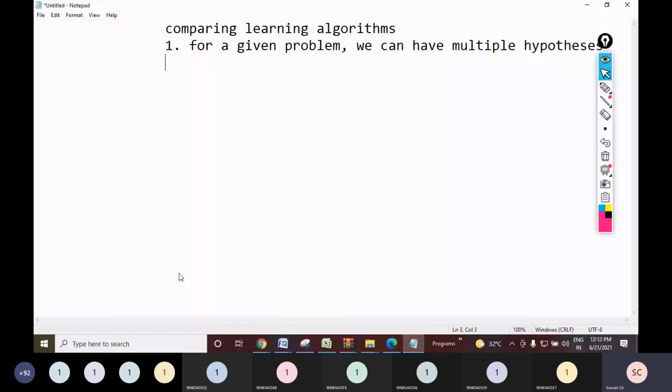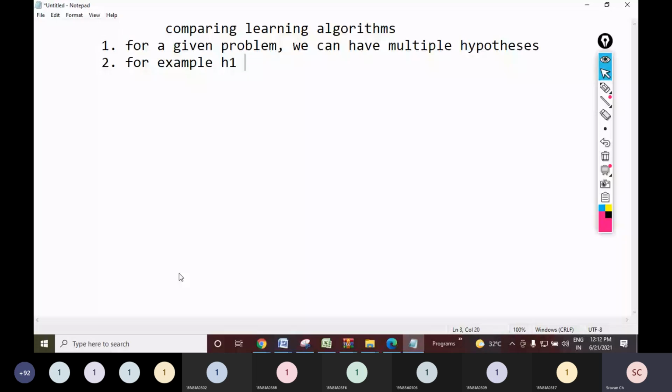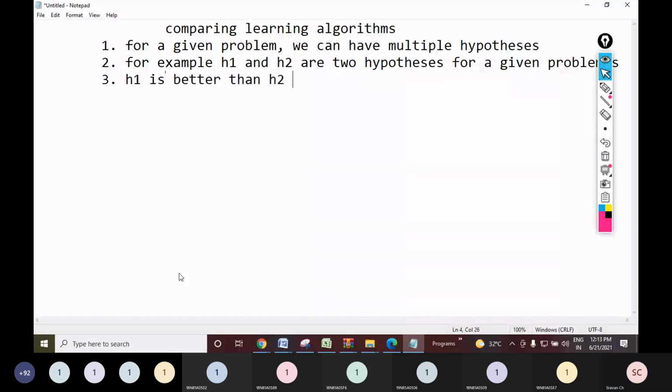For example, H1 and H2 are two solutions, or two hypotheses, for a given problem. Now, how do you compare them? The problem is I need to select which one is good. H1 is better than H2, or H2 is better than H1. So how do I compare these learning algorithms?